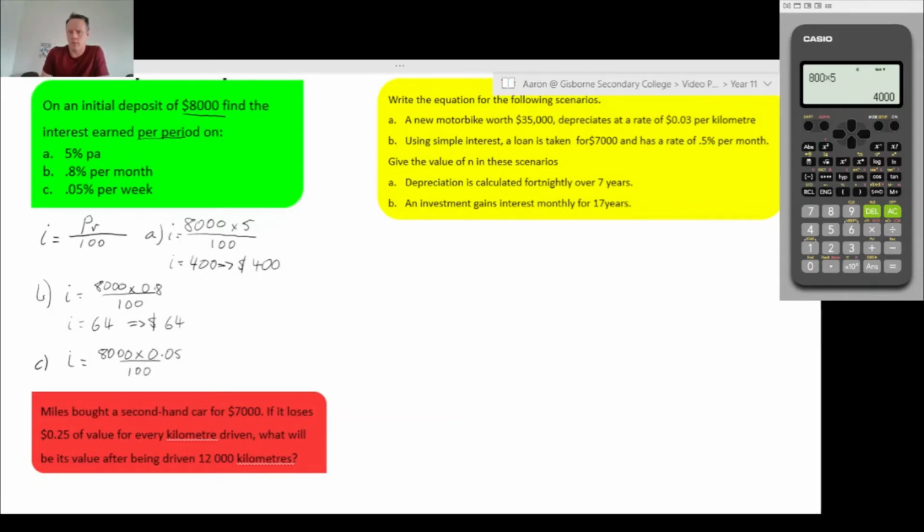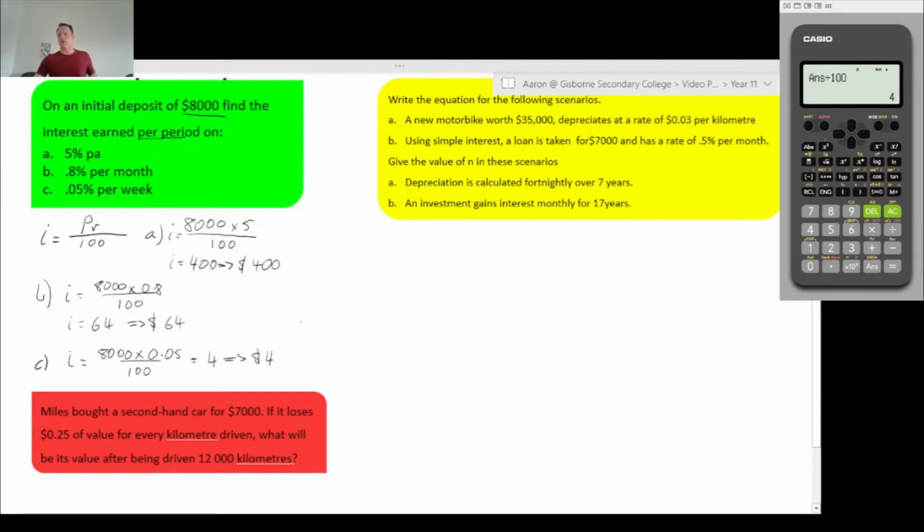And if we go back over to the calculator, let's go 8,000 times 0.05 equals 400, divided by 100. It's equal to $4 there.